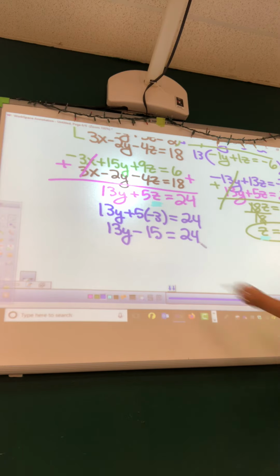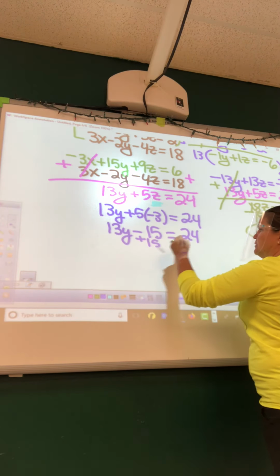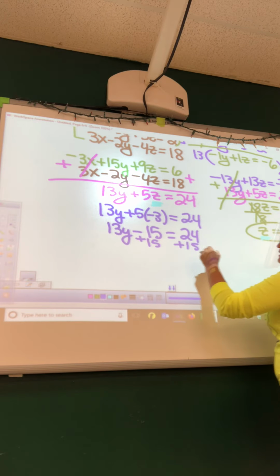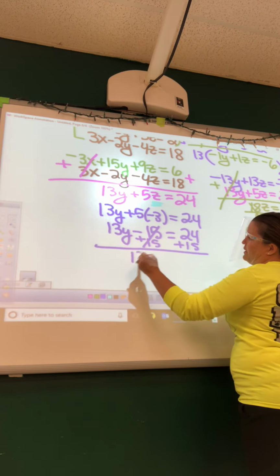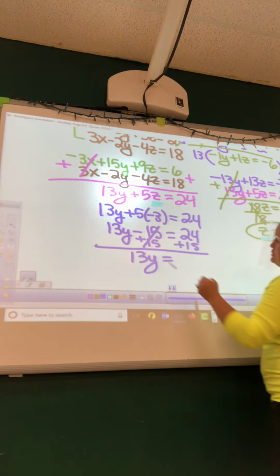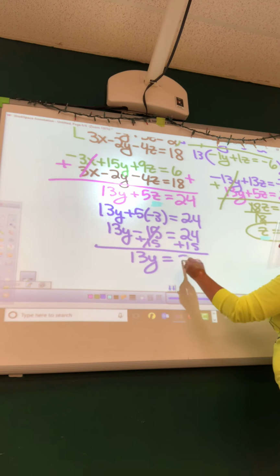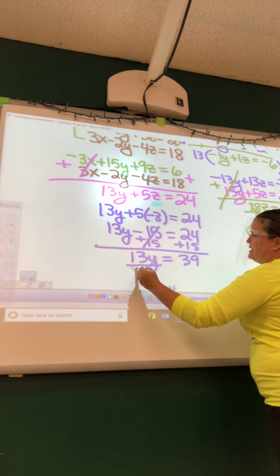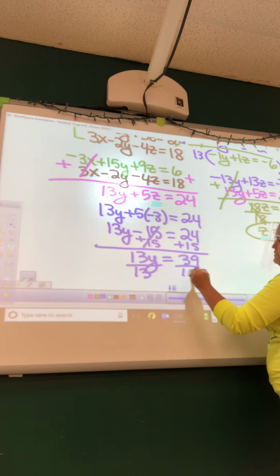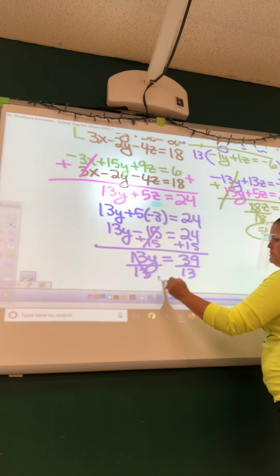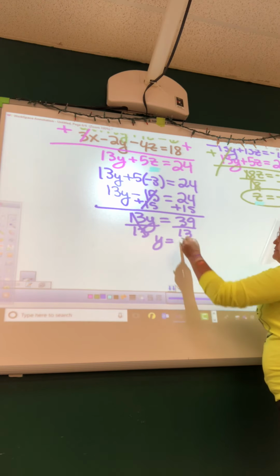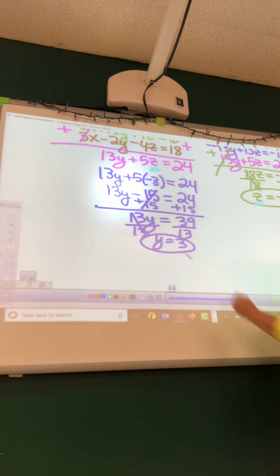Adding. What I do to one side, I do to the other. I get 13y equals 39. Y is going to equal what? 3. See why I'm saying separate sheet of paper needed?